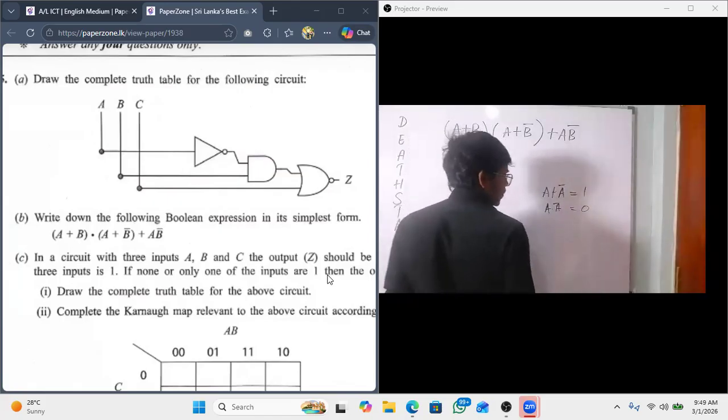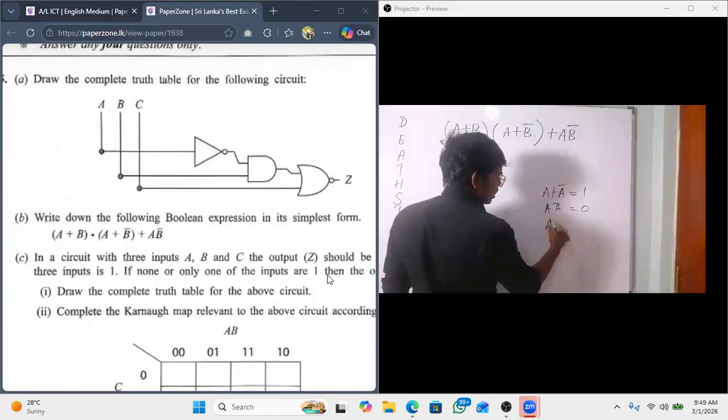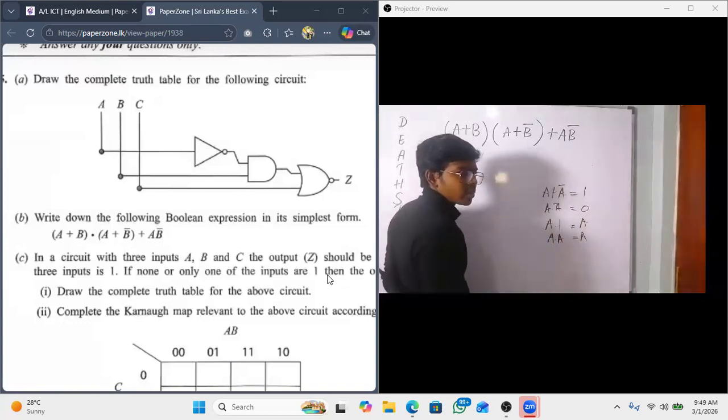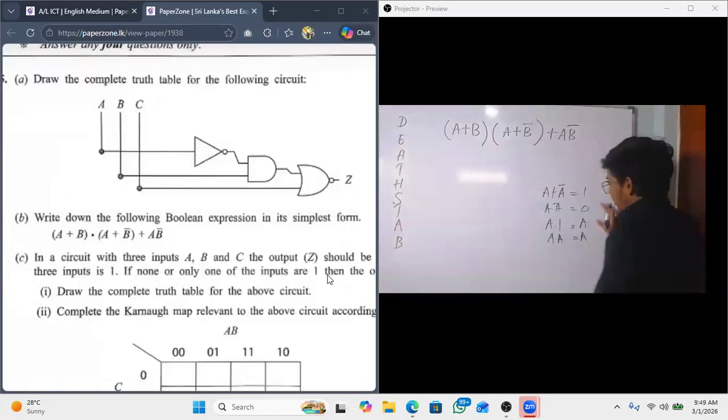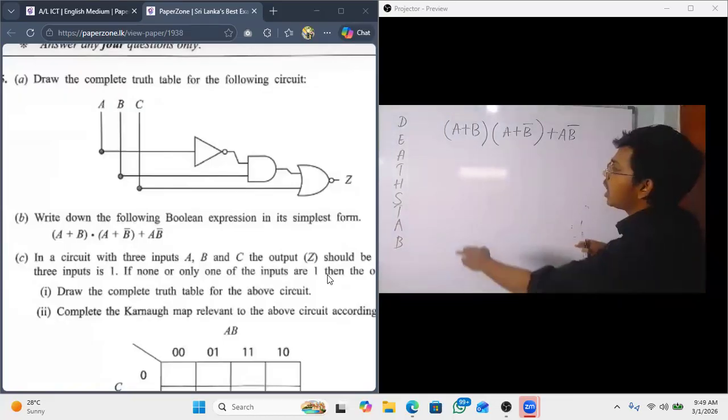Cancelling. Then what else? A with 1 means it's A. A with 0 is 0, you know. If A with A, it's A. Those simple laws are the only things you should apply.